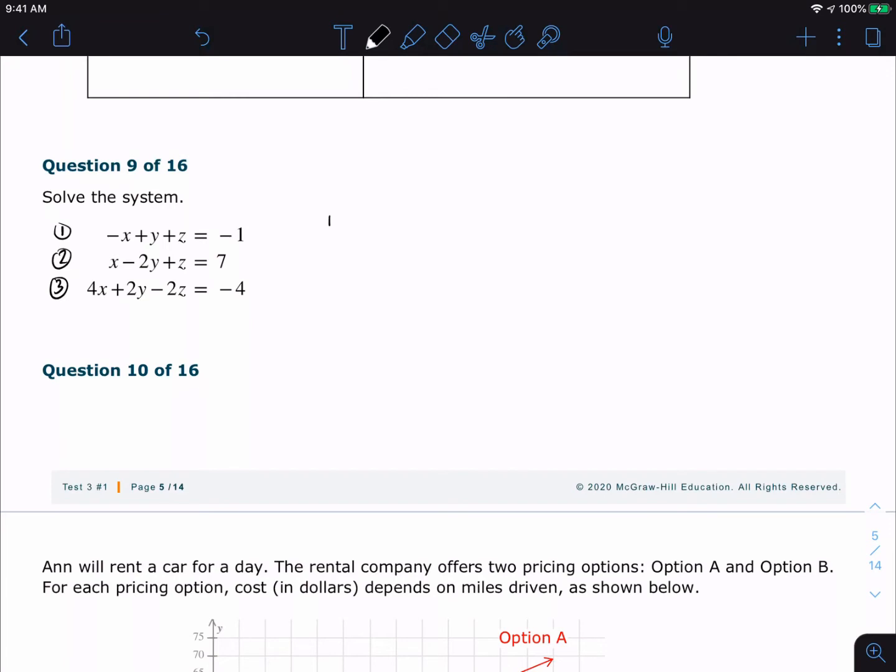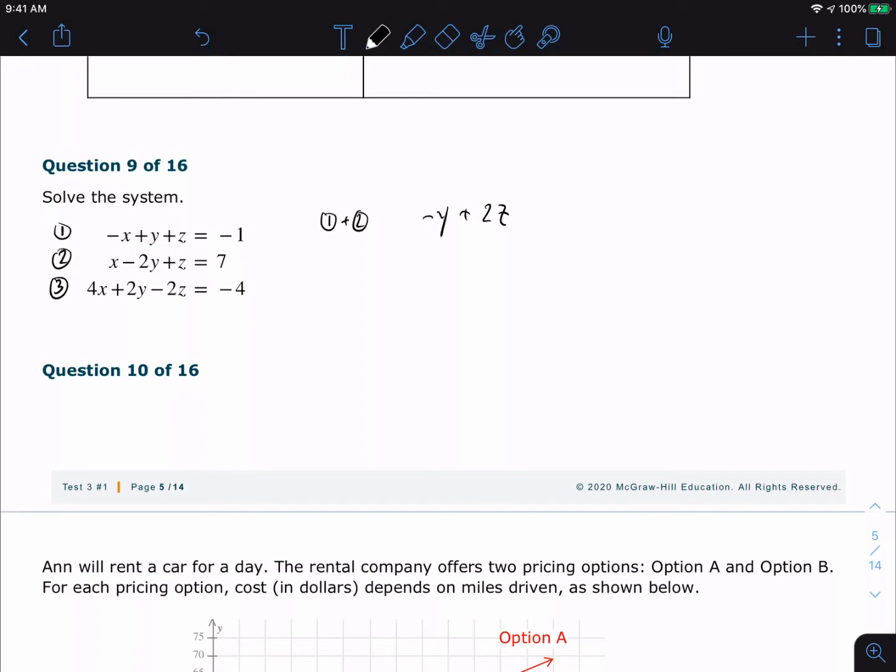So I'm going to go 1 plus 2, right? So if I go 1 plus 2, what's going to happen to the x's? They're going to cancel. So what's y plus a negative 2y? Isn't that giving me a negative y? Right? And then z plus z is going to give me 2z.